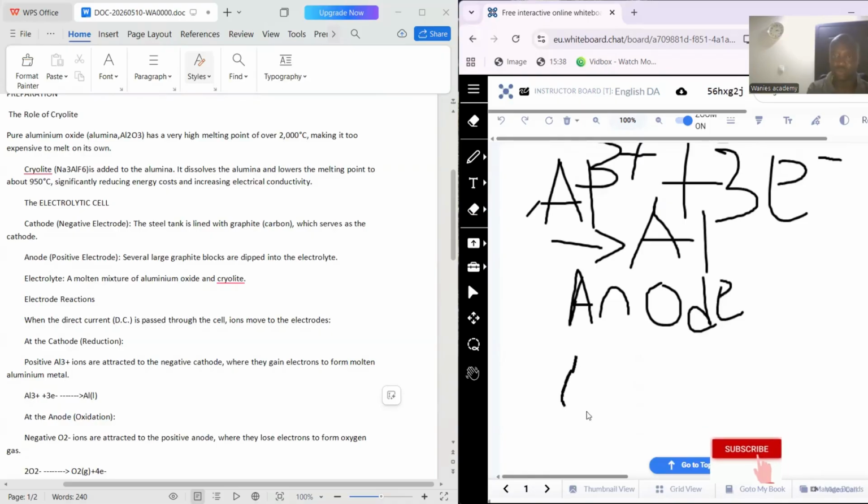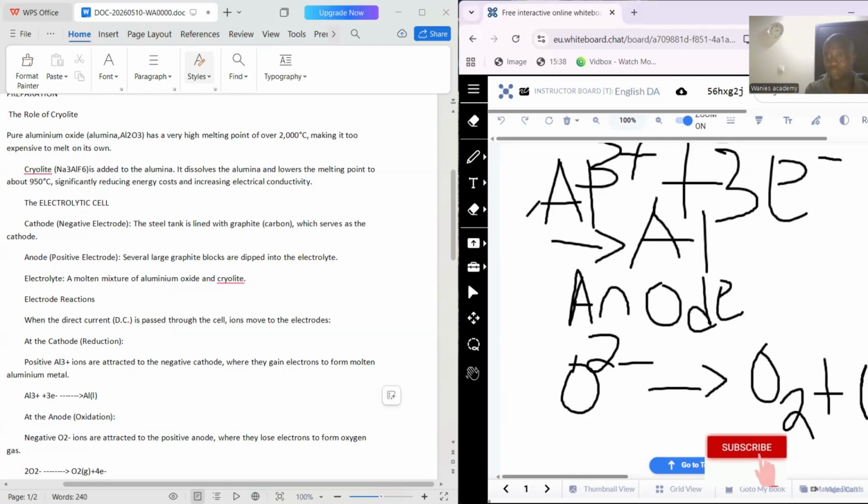At the anode, the negatively charged oxide ion, O2-, loses electrons to give us oxygen gas, O2, and electrons are lost here. So we have e- on the right-hand side of the equation. The equation is not balanced. We have just one oxygen atom on the left, but two on the right, so we add a 2 here.